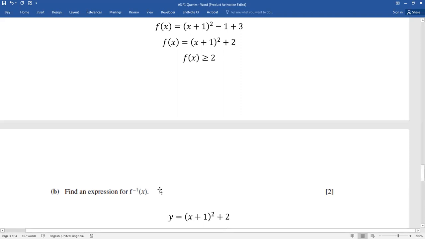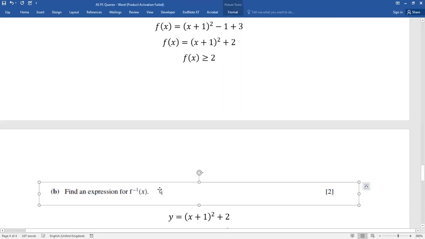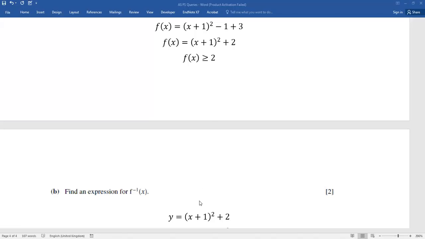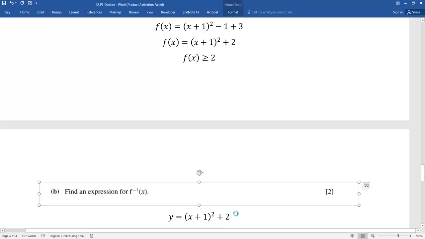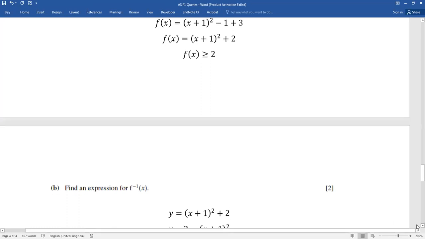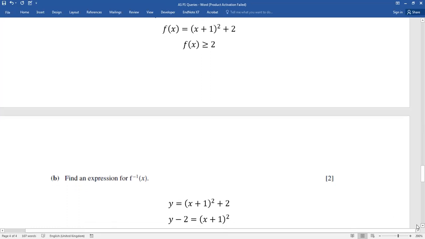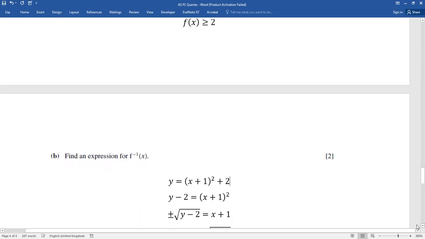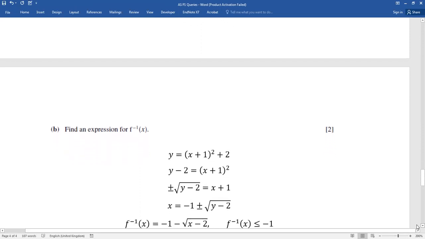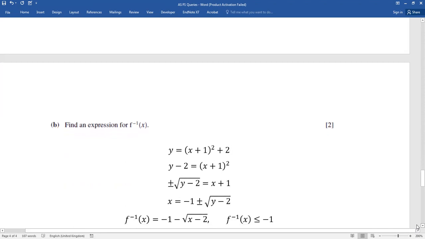Part B, obtain expression for f inverse of x. Class. First we attempt to make x the subject of the formula. How do we decide whether to use the positive root or the negative root? The range of the inverse or the domain of the function guides us.